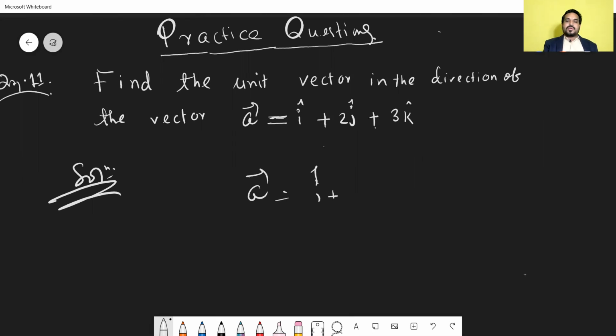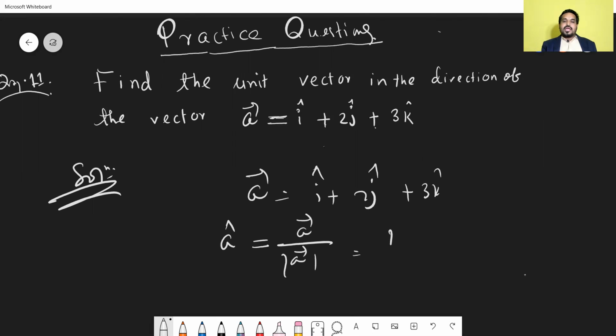A vector is i cap plus 2j cap plus 3k cap. What is the formula for unit vector? A cap equals a vector divided by a vector magnitude. The magnitude is the square root of 1 square plus 2 square plus 3 square.